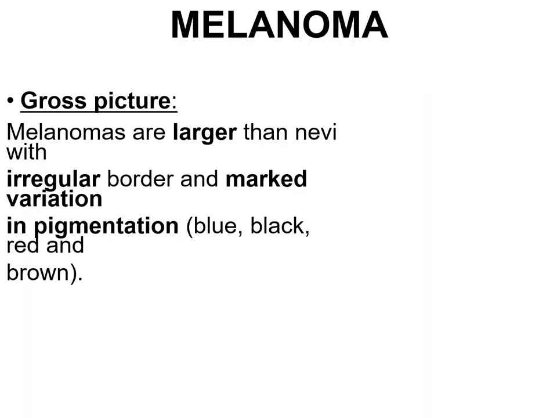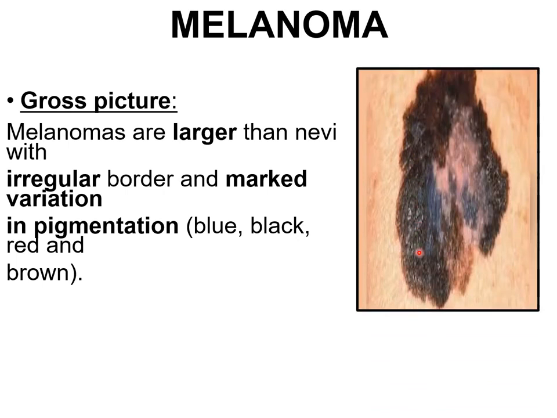Regarding the gross picture of melanoma, melanomas are normally larger than nevi. The nevi were small, uniformly colored, circumscribed lesions. But melanoma has an irregular border, not well circumscribed, and there is marked variation in pigmentation, in contrast to the nevus, which was uniformly pigmented.